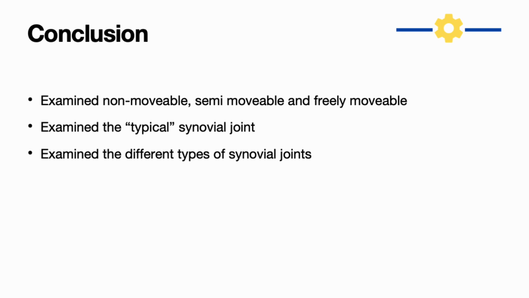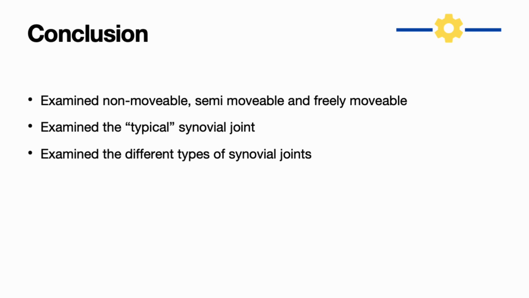So in conclusion, over these two presentations, we've examined the different types of joints found in the body. We very quickly went over the non-movable and semi-movable joints, and then we spent a little bit more time going over the freely movable joints, which are the synovial joints or diarthrodial joints.